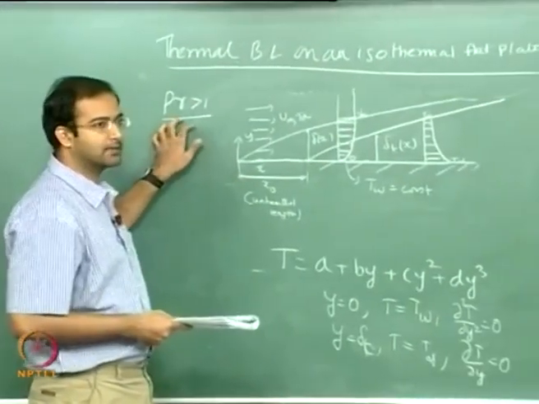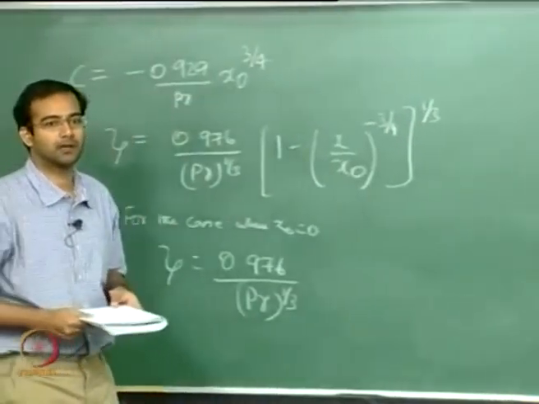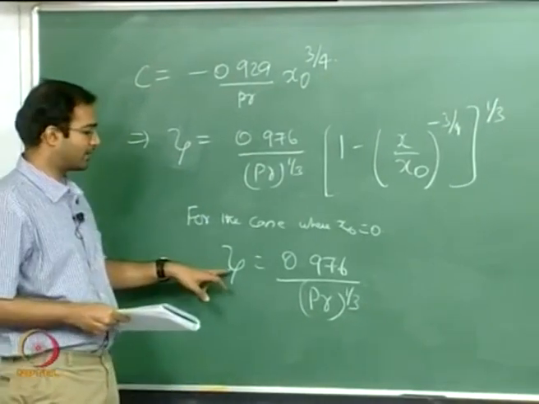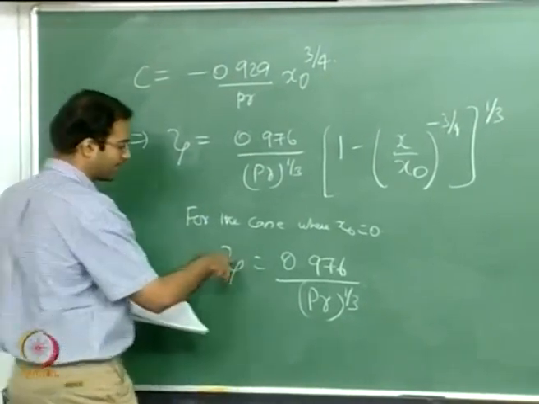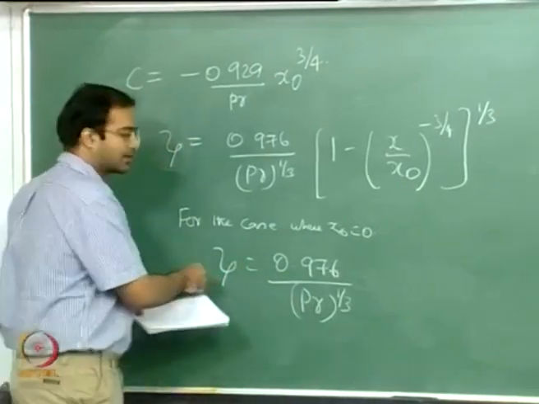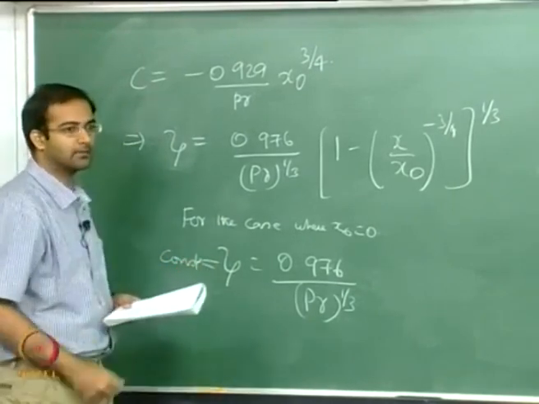Also for the case where there is no unheated length, and it's heated right from the beginning, for a given Prandtl number, the ratio of delta T by delta will be constant, because Prandtl number is a constant, okay. So you can see from this expression that for a given Prandtl number the zeta will be actually a constant, if you don't have an unheated length.